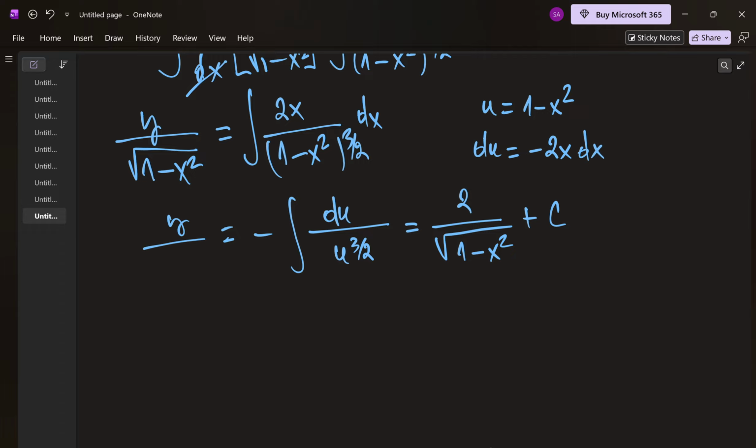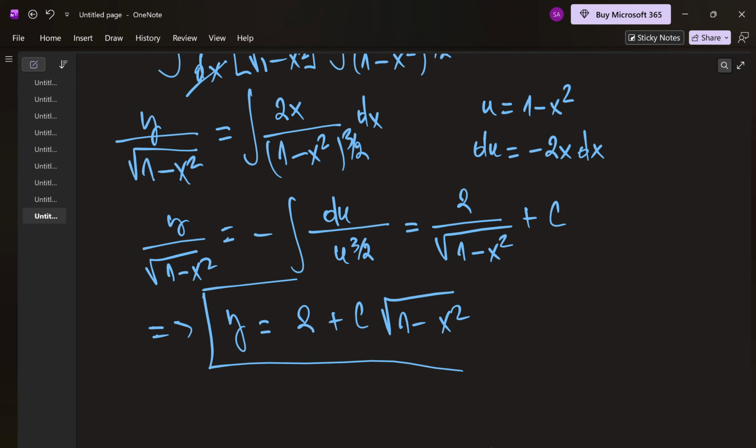So you have here y over the square root of 1 minus x squared. Now you multiply both sides by the square root of 1 minus x squared. You will get that y is equal to 2 plus c times the square root of 1 minus x squared, which is very easy and does not take as much time as the first method.